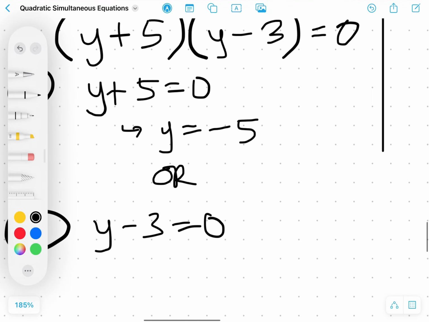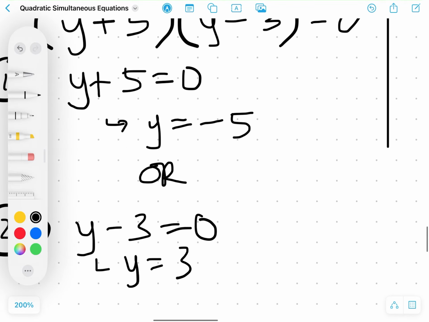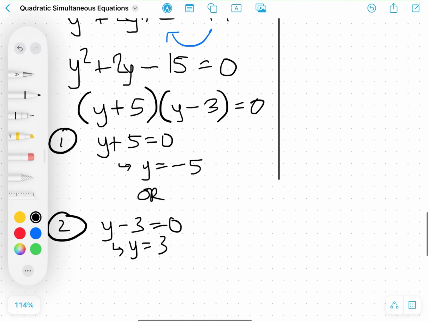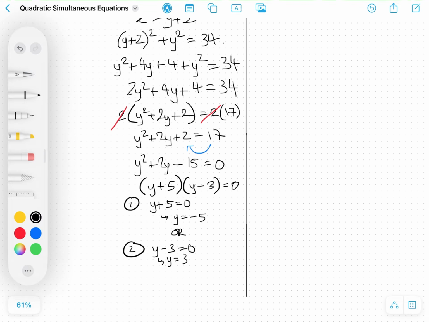One of them must be equal to 0 so that when they multiply, they're 0. This is why we're doing this. So we get two solutions here: y equals negative 5 and y equals 3.